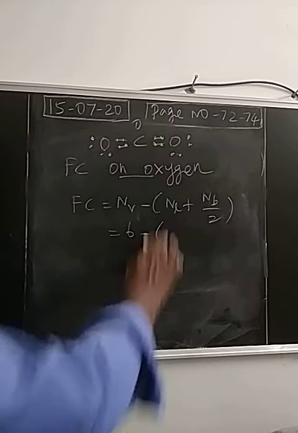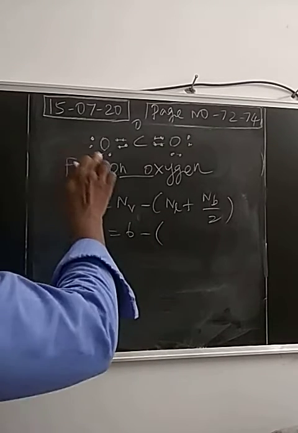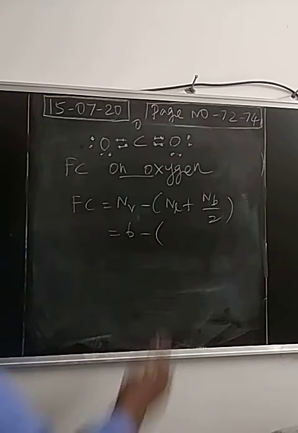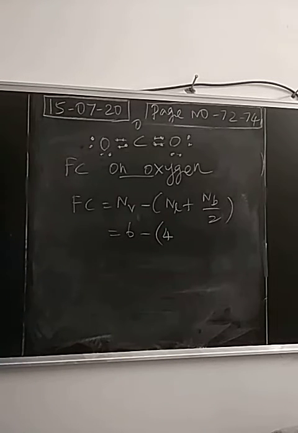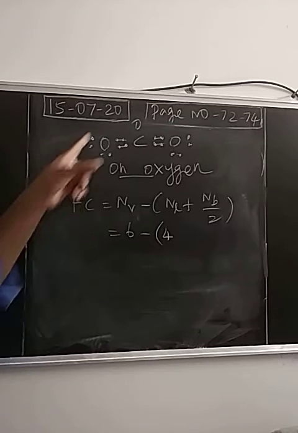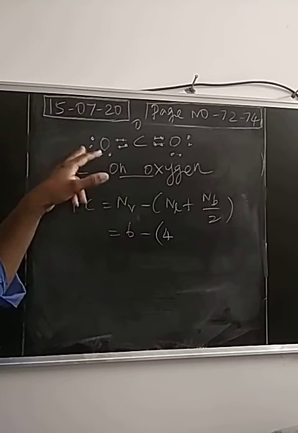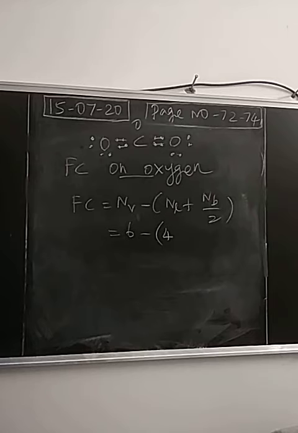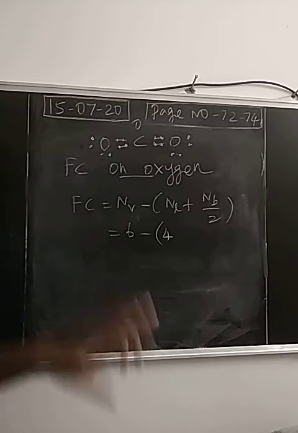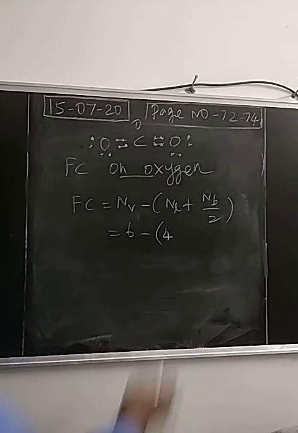Number of electrons present as lone pair: 2 lone pairs of electrons, so totally 4 electrons are present as lone pair.